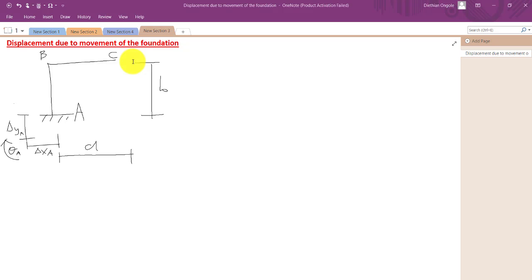So our interest is to find out how we are supposed to calculate these displacements.